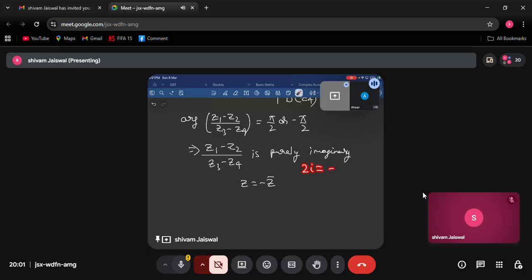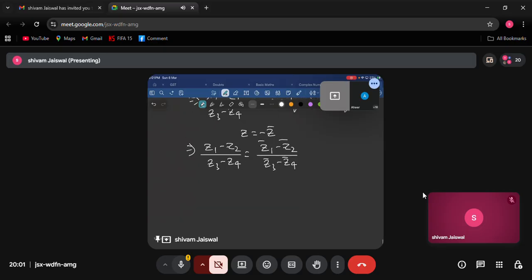So it will be minus of minus 2 iota. Can you people understand? Minus Z bar. Okay. So this implies Z1 minus Z2 upon Z3 minus Z4 will be equal to minus of Z1 bar minus Z2 bar upon Z3 bar minus Z4 bar. Okay. Next.